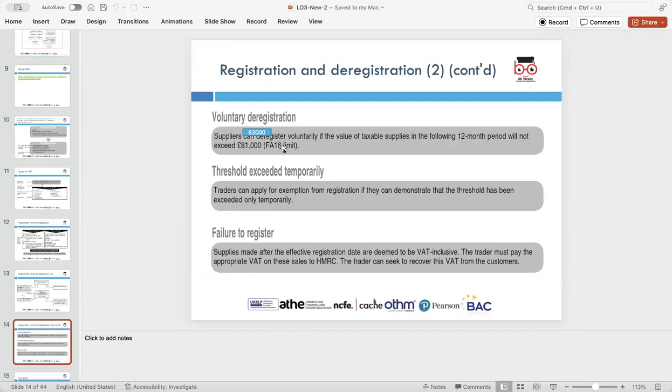Supplies made after the effective registration date are considered VAT inclusive, meaning the trader must pay the appropriate VAT on these sales to HMRC. The trader can then seek to recover this VAT from the customers.